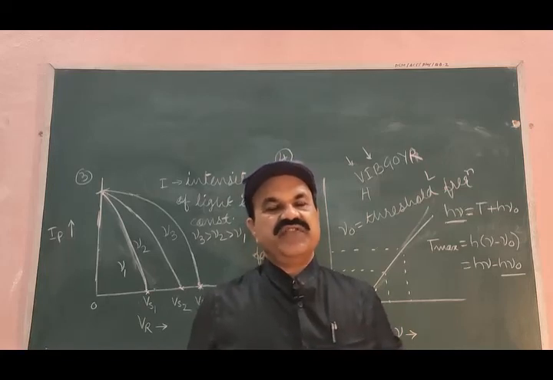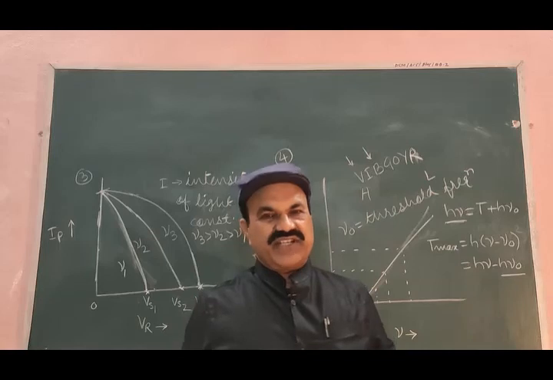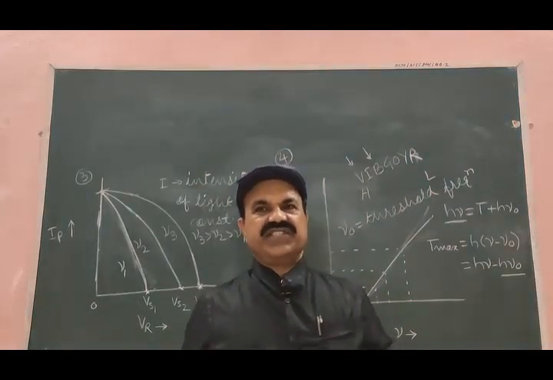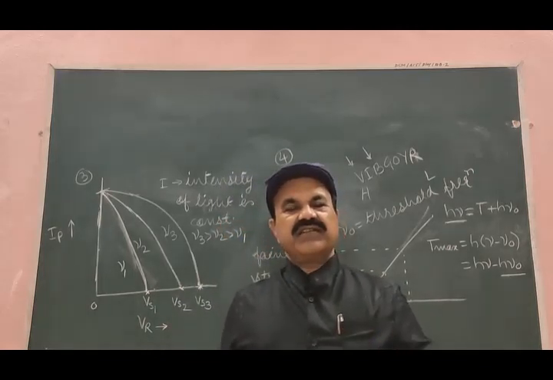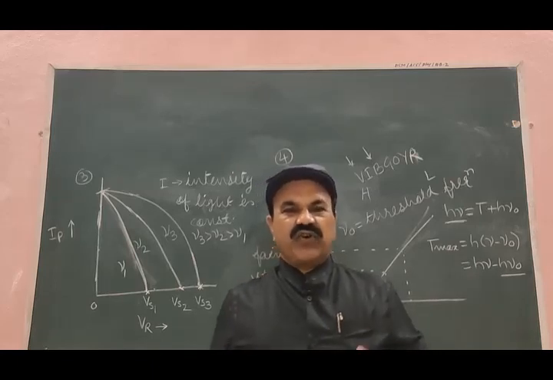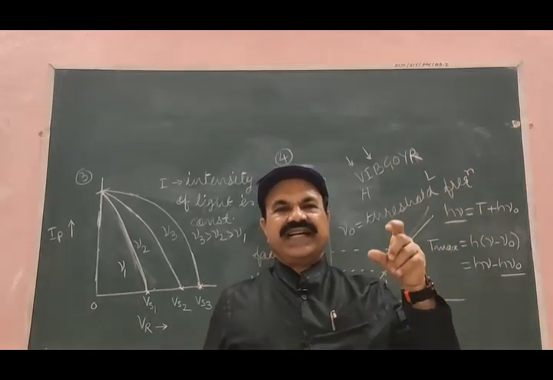After that, we studied figure 3, the photoelectric current versus various frequencies with constant intensity. What we found was that when the intensity is held constant and frequencies are varied, the current is maximum for 0 retarding potential.